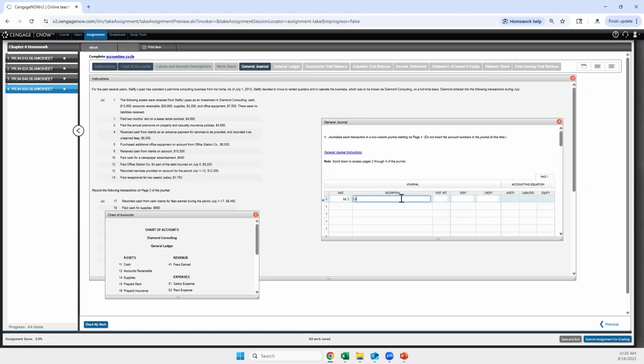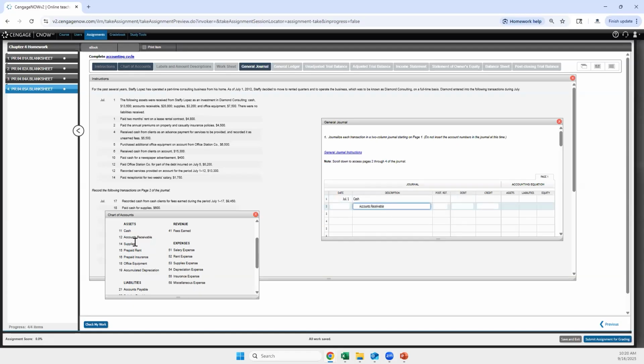So each of these are going to go up. Pretty simple. We have cash, accounts receivable, supplies, and office equipment. And then we have to put in the amounts.